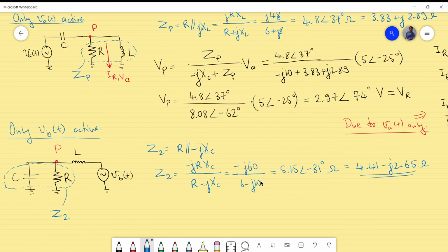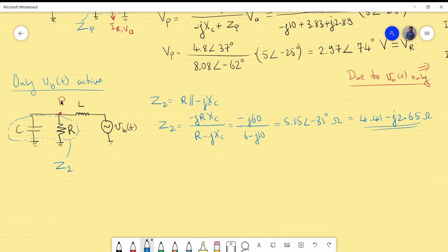Okay, now I use the voltage divider rule to calculate the voltage at this point, VP. Why do I require this voltage? Because if I know the voltage at this point, I can use Ohm's law for this resistor and calculate the current for this situation, this IR due to VB. If I now continue, it will be Z2 divided by jXL plus Z2 times VB.